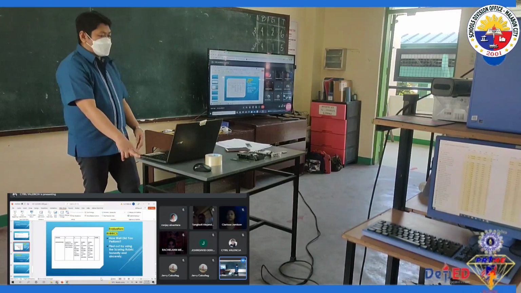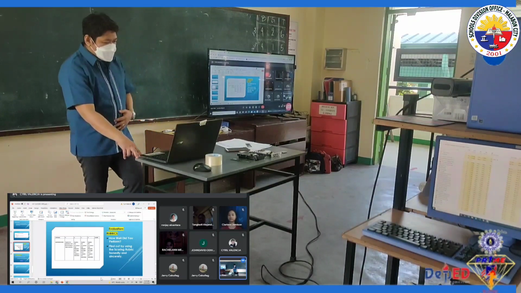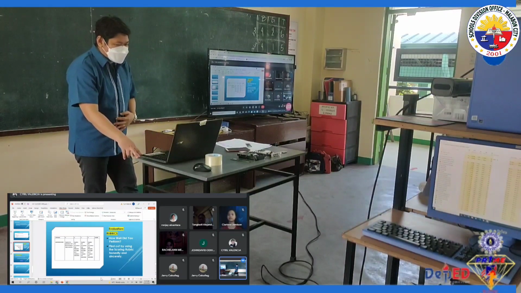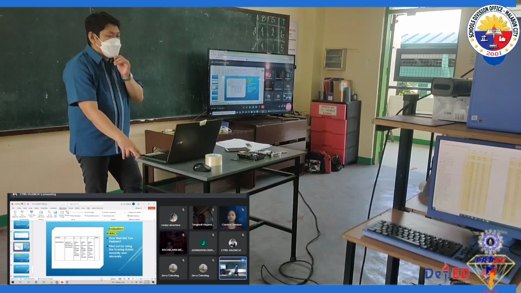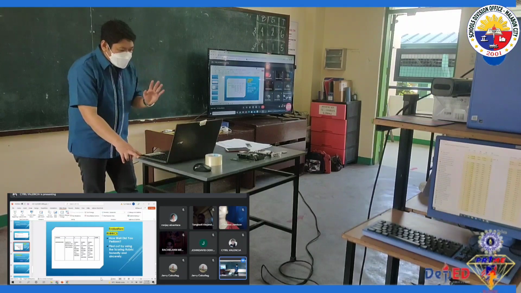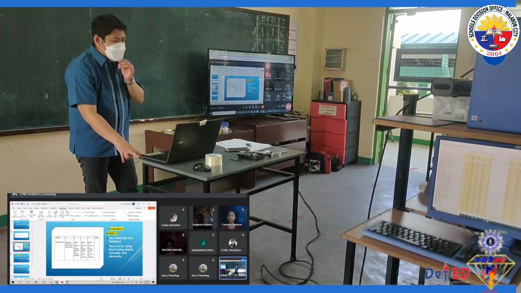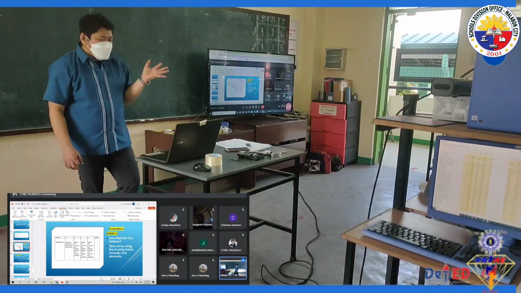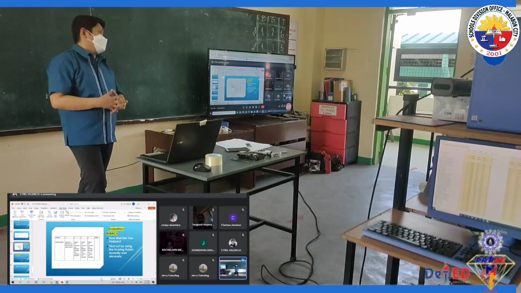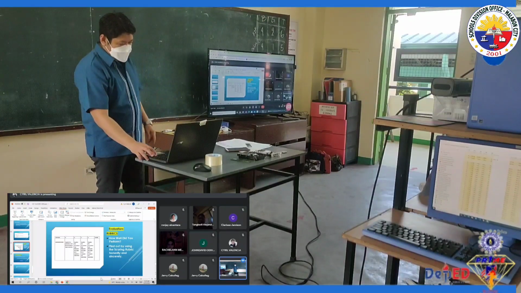Apply the procedure and follow the steps, but one mistake is identified. 3. Apply the procedure and follow the steps, but 2 mistakes are identified. And then 2. Apply the procedure and follow the steps, but 3 mistakes are identified. So from here, you can see how well you performed. Same thing also as your classmate.